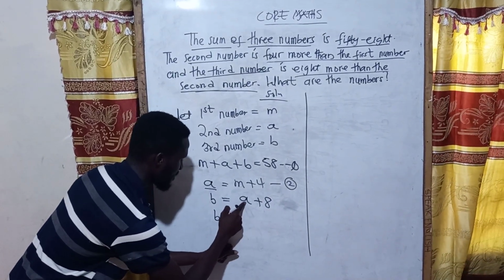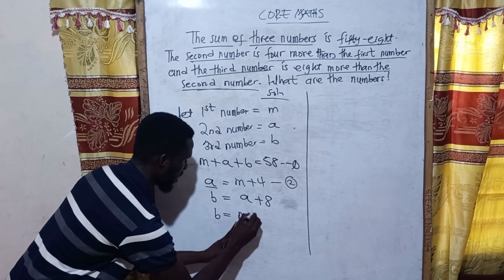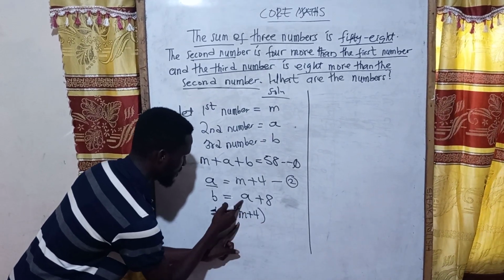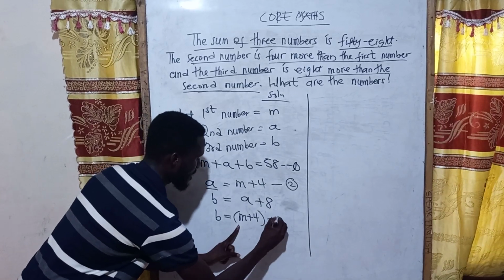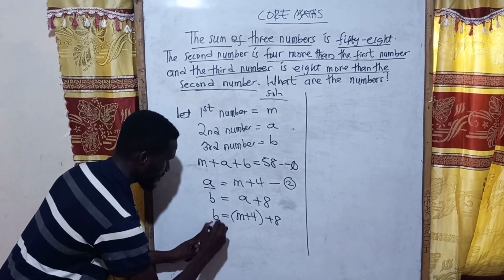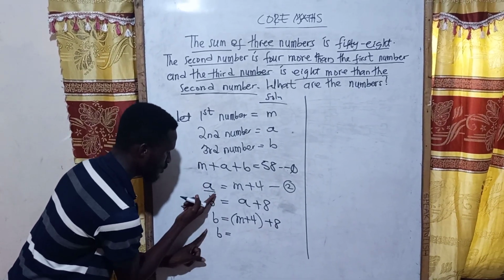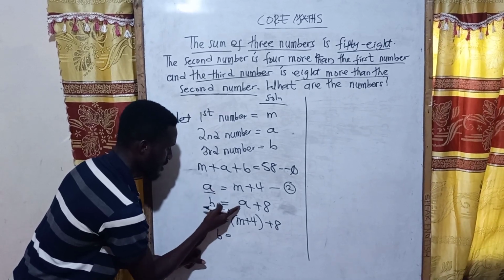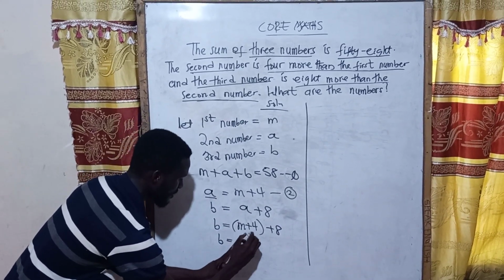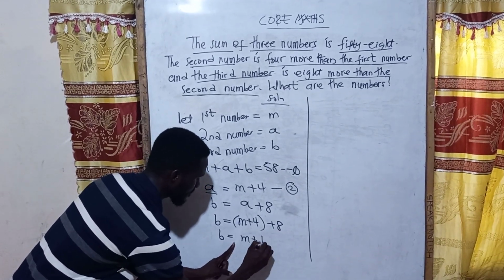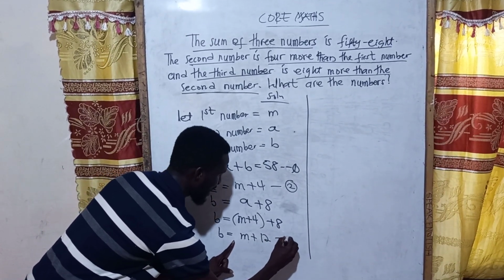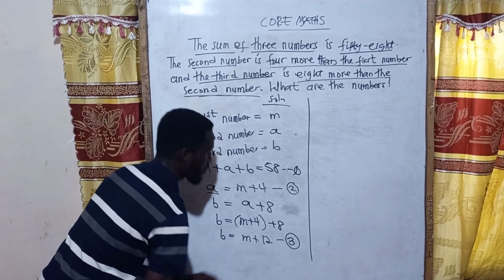So this A is the same as M plus 4 from equation 2, plus the 8. So which means that B is equal to, so I substituted the value of A into this one. So this is the same as M plus 4 plus 8, which will give us M plus 12. Let me label this one as equation 3.